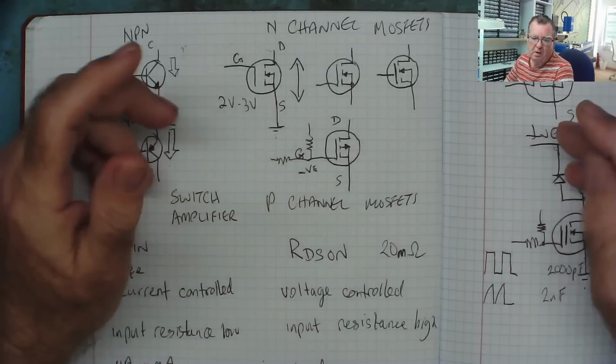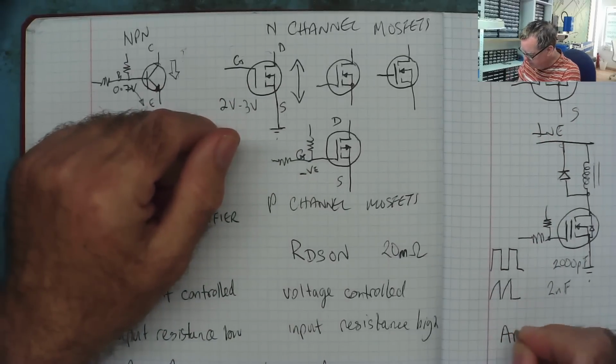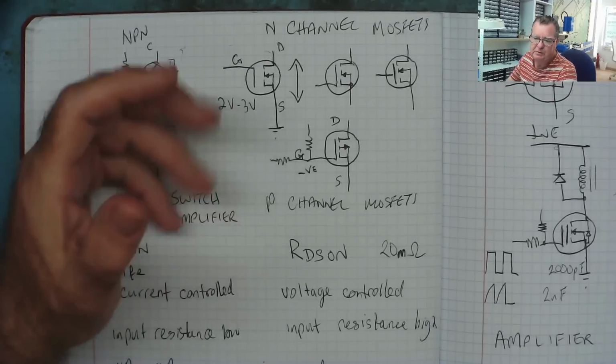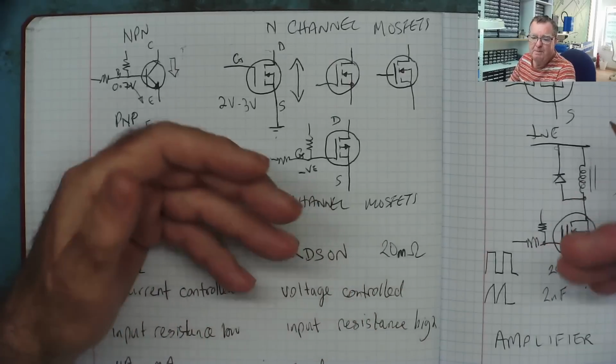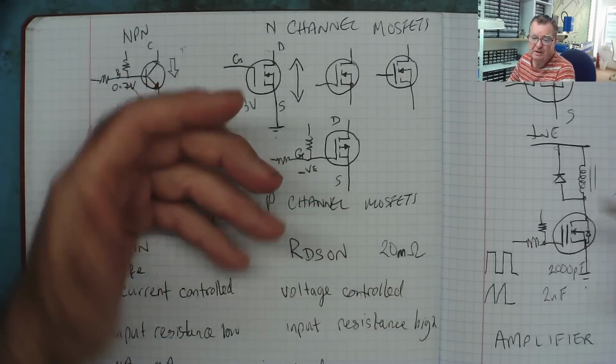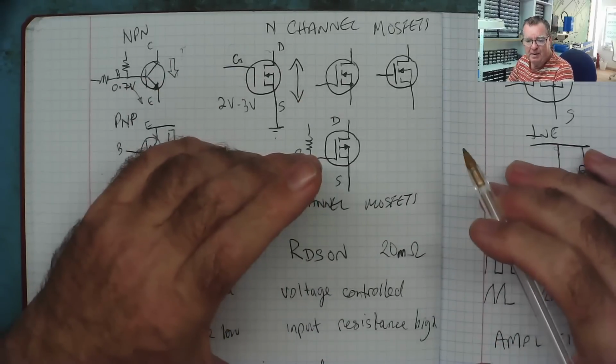This can become quite important, especially in amplifier circuits, and also sometimes in switching circuits where we have many MOSFETs in parallel as a pulse width modulator, so they're all sharing the load, then these factors all have to be balanced.